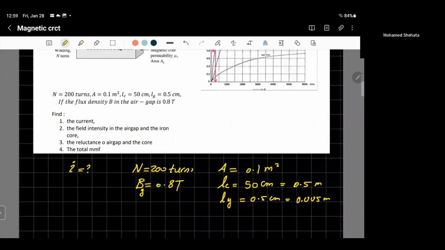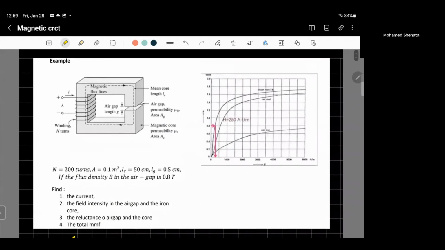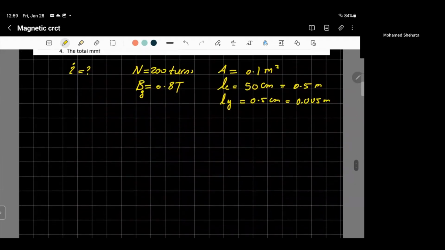For the air gap, right? That's a good question. Let me just sketch it again.